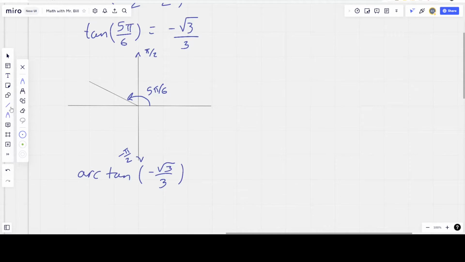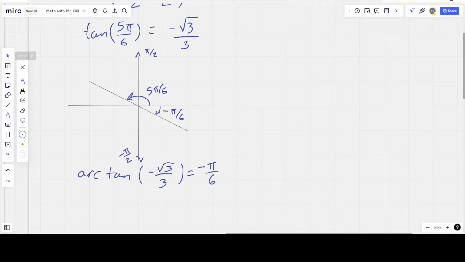And so what we can do is we can actually just flip this line over here and go right to there like that. That line right there, that angle coming backwards, coming this way, will also have the same tangent. So the tangent of negative pi over 6 is negative rad 3 over 3. And that angle is between negative pi over 2 and pi over 2. And so the arctangent of negative rad 3 over 3 is negative pi over 6.